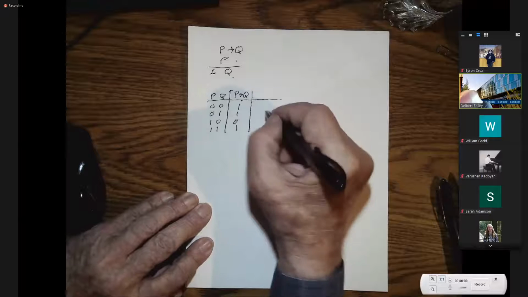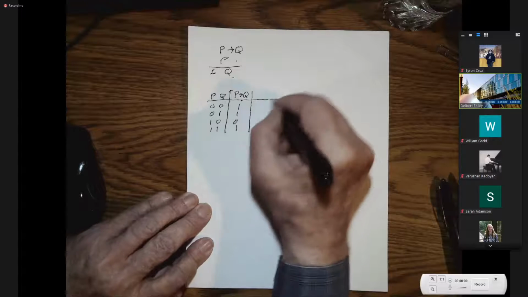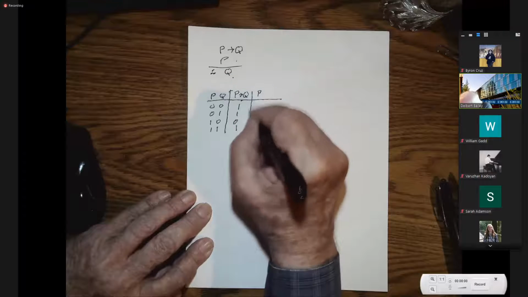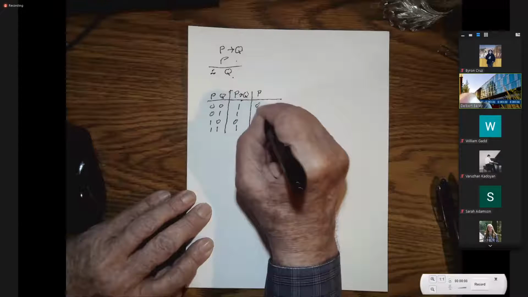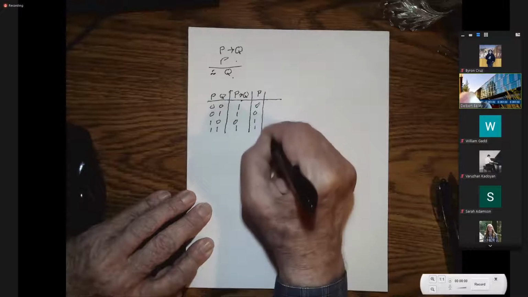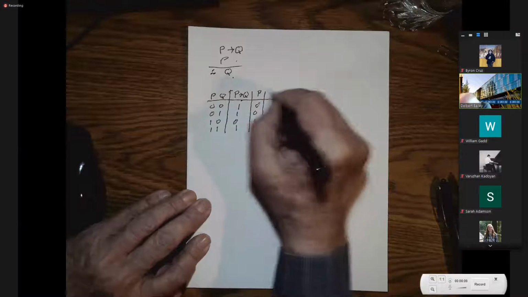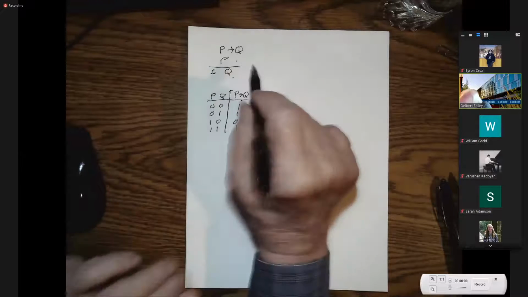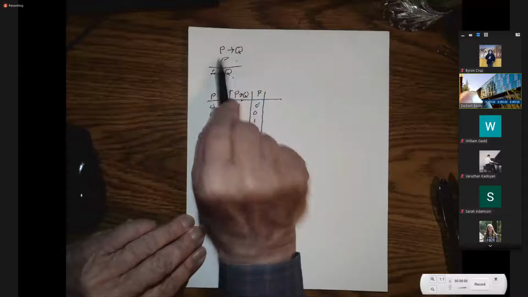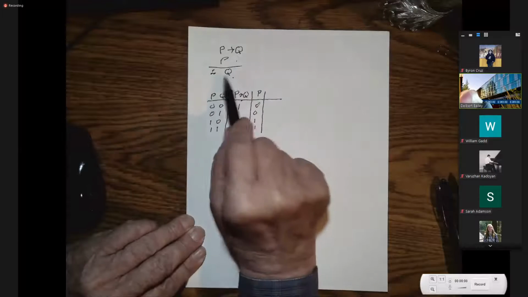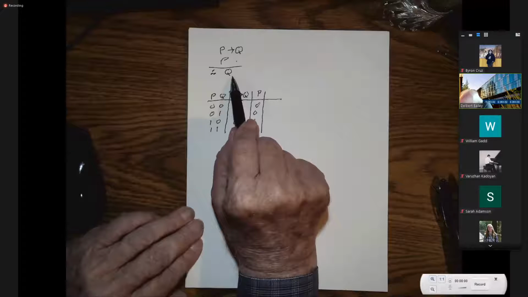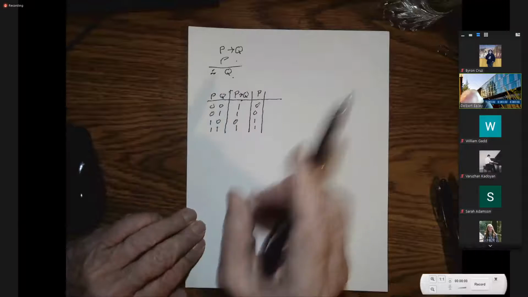Just for the purposes of making it clearer over here, I'm going to repeat P. And what did I say before? I said if the conjunction of the premises with the negation of the conclusion is a contradiction, then the argument's valid.